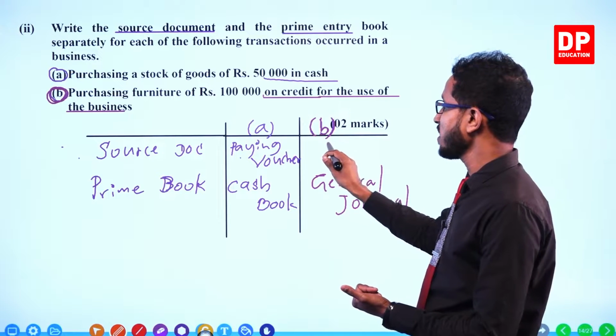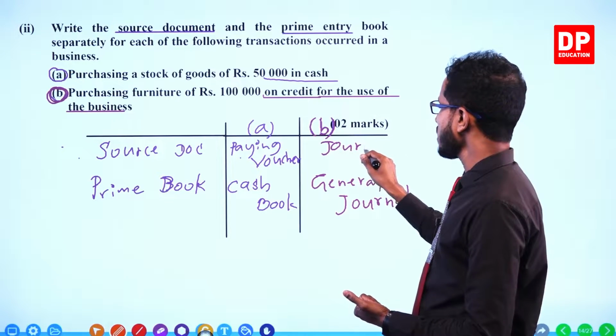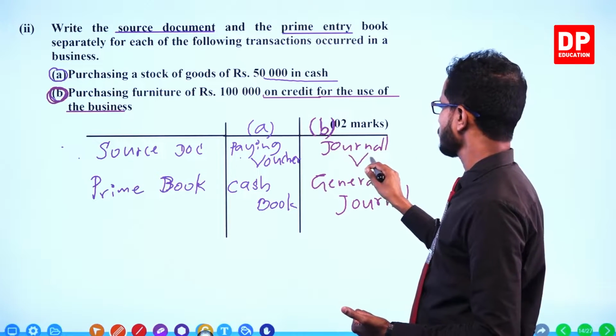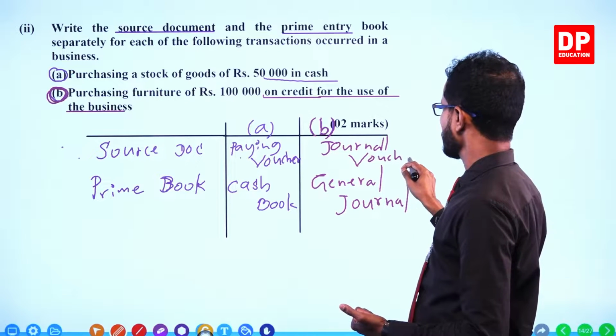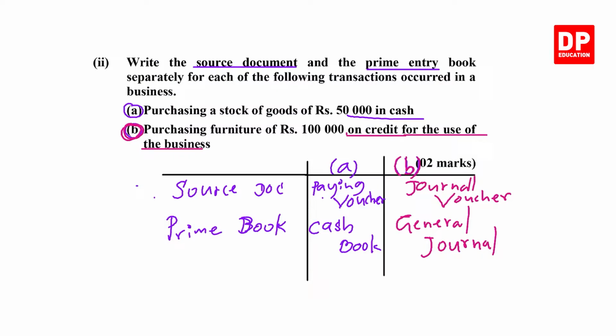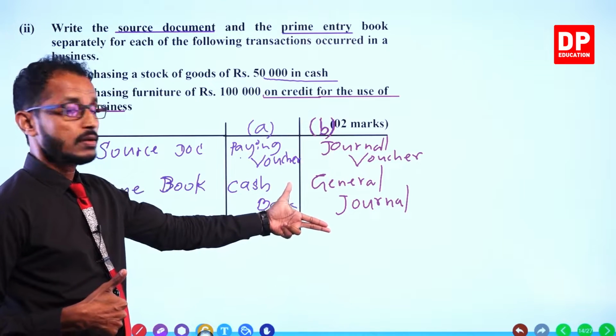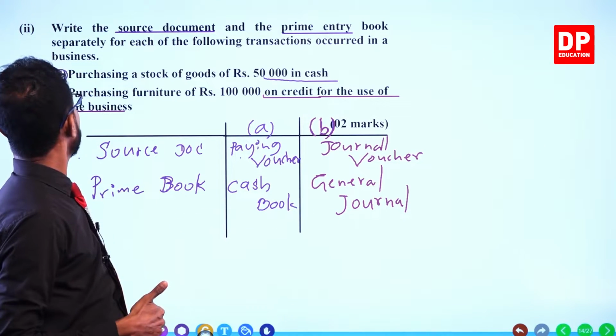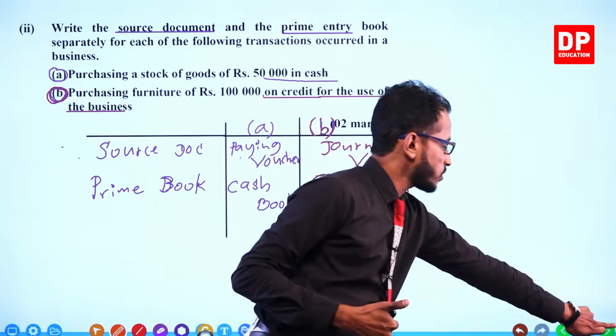The journal voucher. That's right, journal voucher. All right. A, B done. Next question.